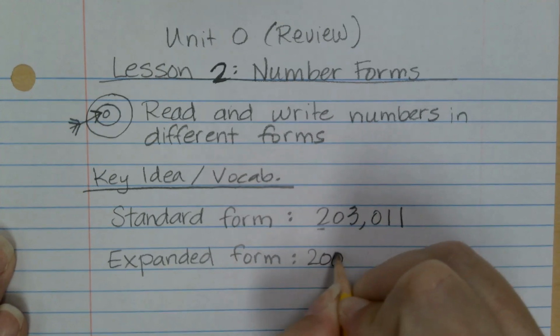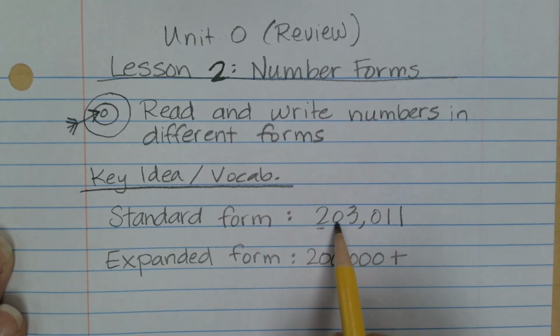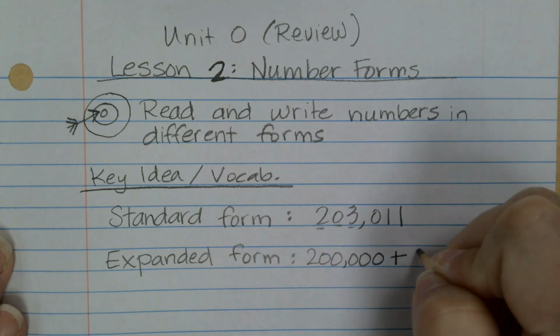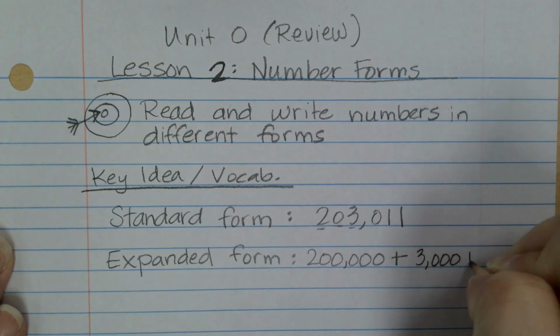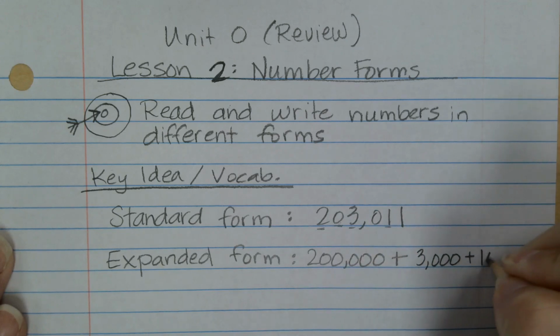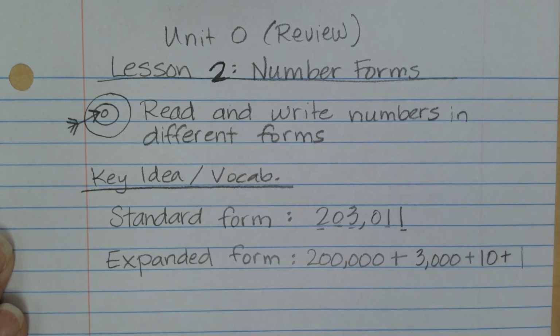So we'd write 200,000 plus, and then this next one has a 0, so we don't need any value for that 0. Our next number would be 3. This 3 has a value of 3,000. Here's another 0. This 1 has a value of 10. And this 1 has a value of 1.